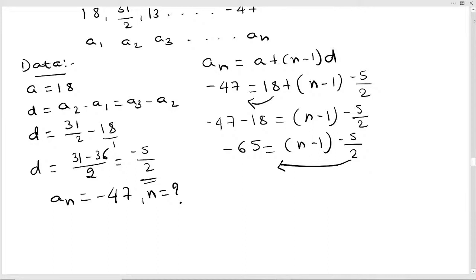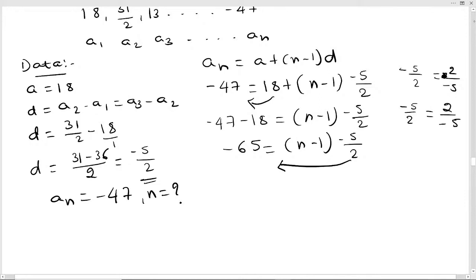If you send -5/2 to the RHS or LHS, it will become 2/(-5).